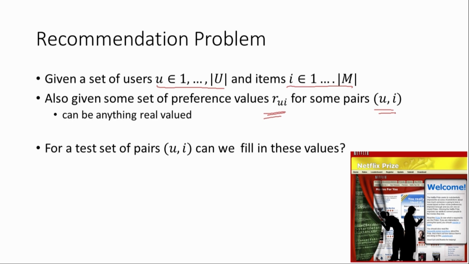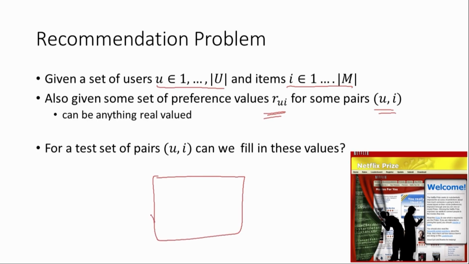So think of these preference values either as ratings, that maybe the items are movies, and you have rated the movie after you've seen them, or these preference values could be 0, 1, saying that you have gone to Amazon, you've actually bought this item, right? So which means that you need this item in some sense, okay? So you have this matrix of users versus items, and you are filling in some of the entries, right?